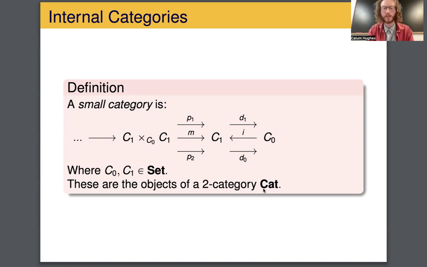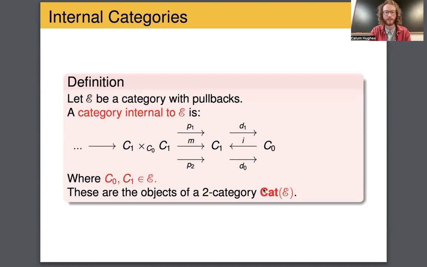So it turns out to be very useful to work with the definition of internal categories, which is precisely the same definition, but instead of C0 and C1 being sets, these are now objects of some other category E, with pullbacks. And again, we can define internal functors and internal natural transformations, and these form a 2-category of internal categories.